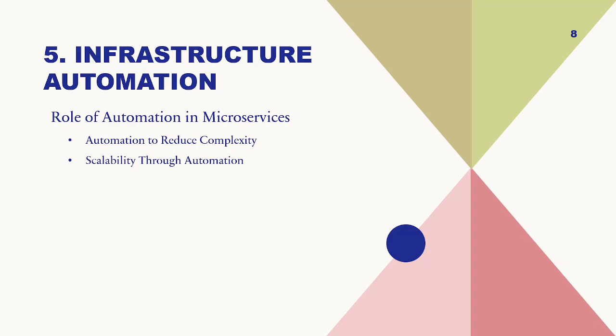Scalability through automation. Automation allows for the rapid deployment and scaling of services, which is essential for microservices. It enables teams to handle changes across multiple services with fewer resources and less room for errors. Automating the build and deployment pipeline. Automation is particularly valuable in the deployment pipeline.